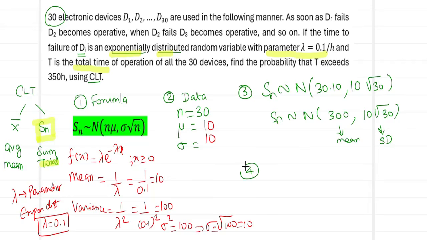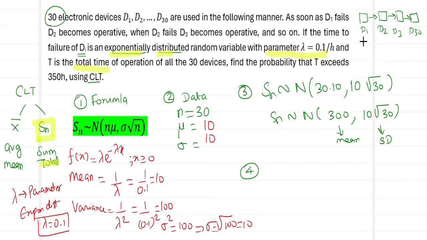Point number 4. Identify what the problem is all about. We have been told T is the total time of operation of all the 30 devices. So we have device 1, if it fails then device 2, if it fails then device 3 and so on, all of them become operative and finally we have device 30.